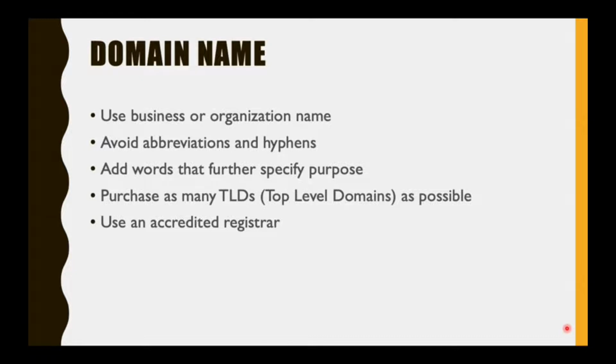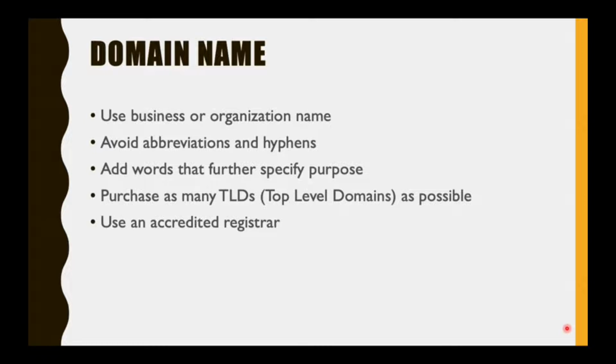You want to purchase as many TLDs, top-level domains, as possible, so that way you can purchase different ones that are similar in case there's a common typo, or there's a certain way that they hear it and they type it wrong. Or you can also purchase, again, .com, .org, and different top-level domains, so that way if they don't remember the TLD, then they'll hit the right ones.